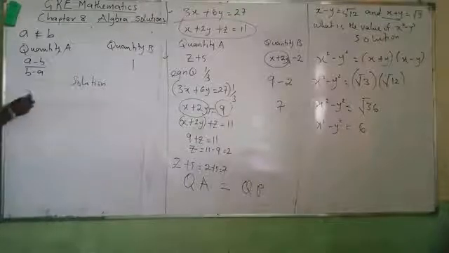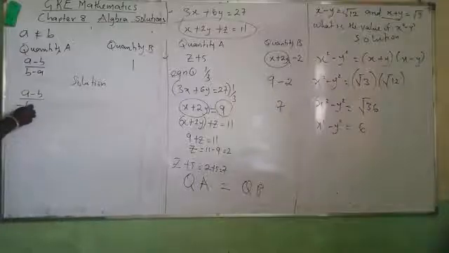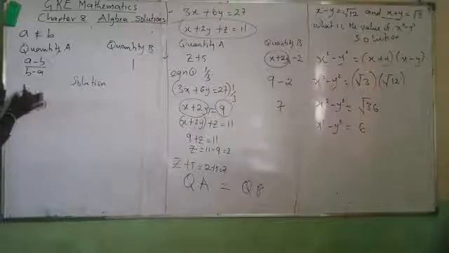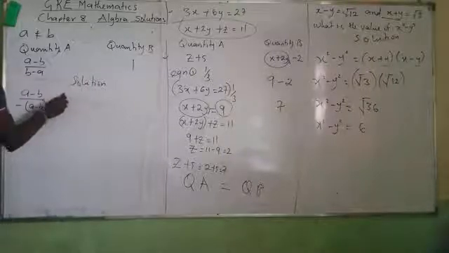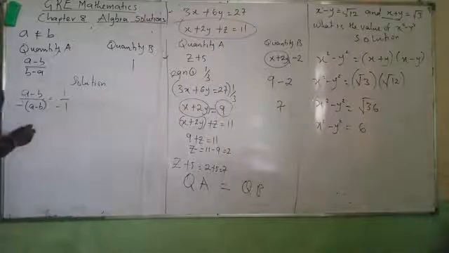I can say that A minus B equals minus (B minus A), because if I open this bracket, I come back to where I started. Since they are not equal, this can be 1 over minus 1, so the ratio is minus 1.